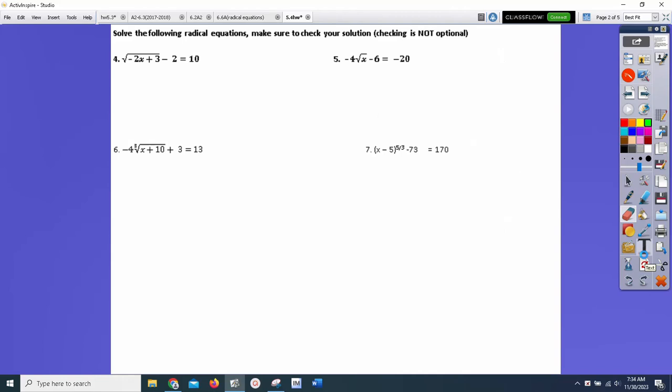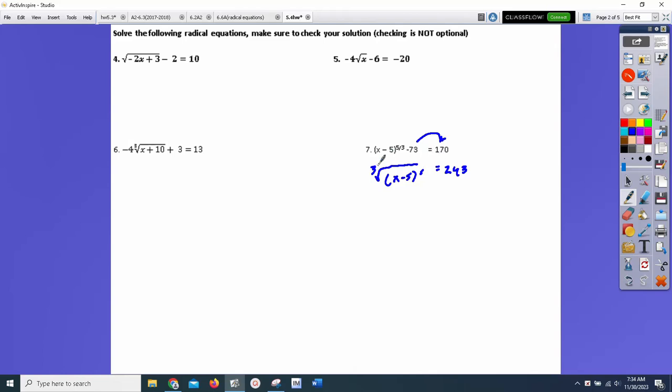All right, number 7, we're going to add 73 to 170, and that's going to give us 243. And now we have x minus 5 to the 5/3. I feel like writing this like this: the cubic root of x minus 5 to the 5th, because you need to understand that rule.